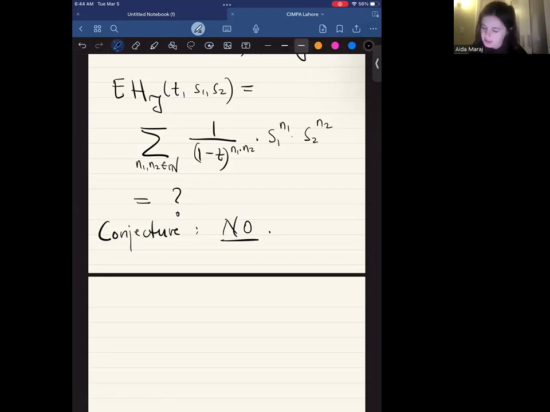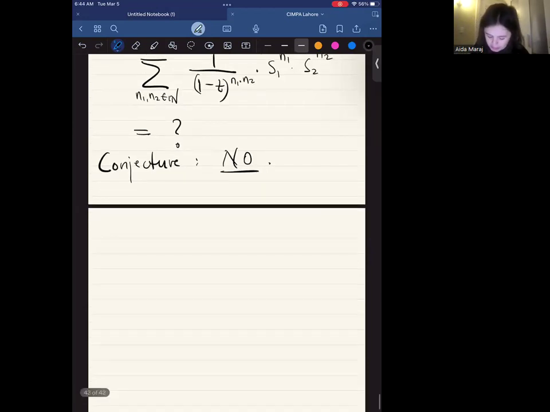But we did have hope that sometimes we had good situations. So I'm going to write a theorem here. This is a simplified version of the theorem I have with Uwe. It's a corollary, in fact, but I think this is better to state than the bigger result.